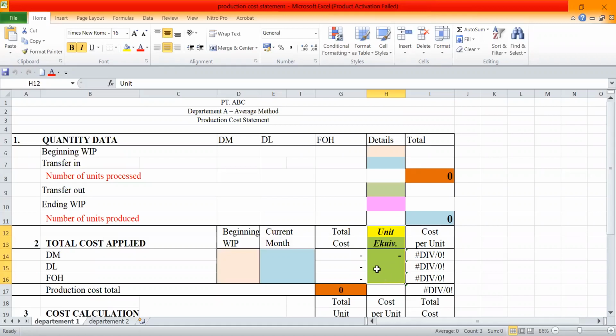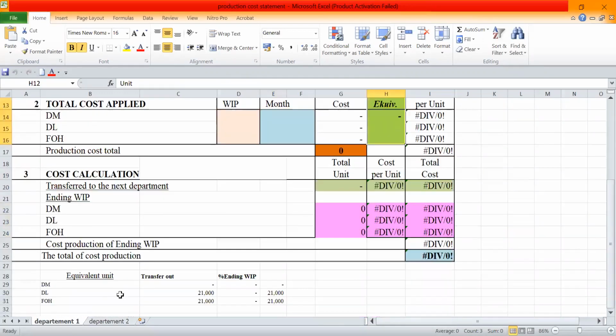That is the important matter, and I suggest you compute the equivalent unit before you make the production cost statement. So we need to compute this together. I will go back again to that slide. So this is the computation.